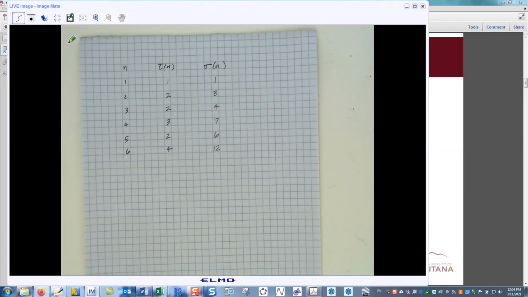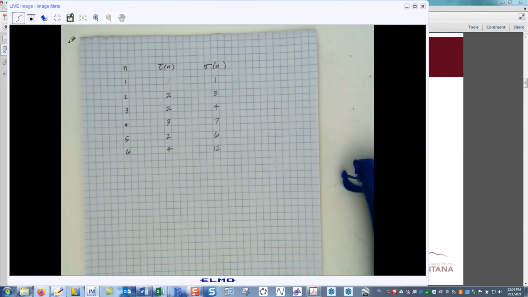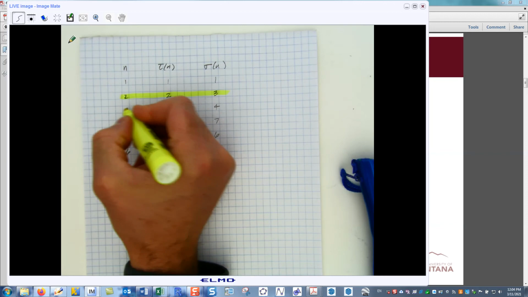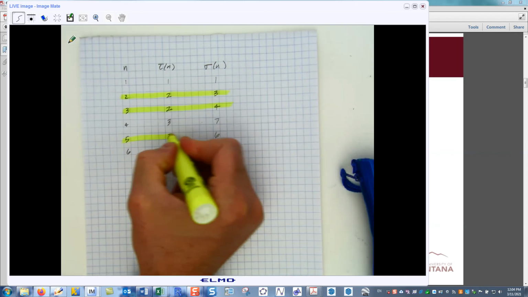Some observations you should be able to make right off the bat: what happens when the number is prime? The prime numbers in the list seem to be important.